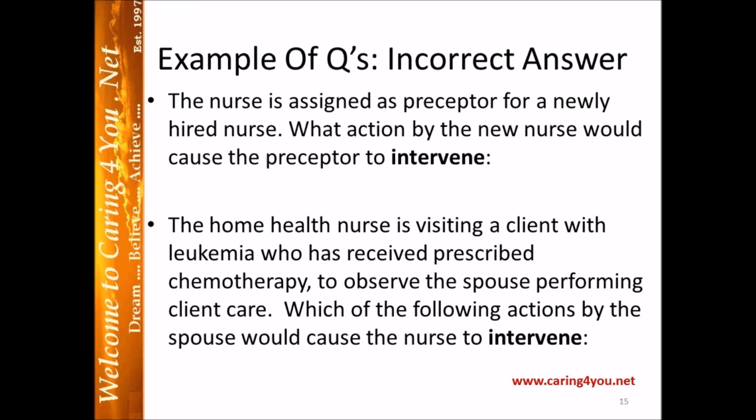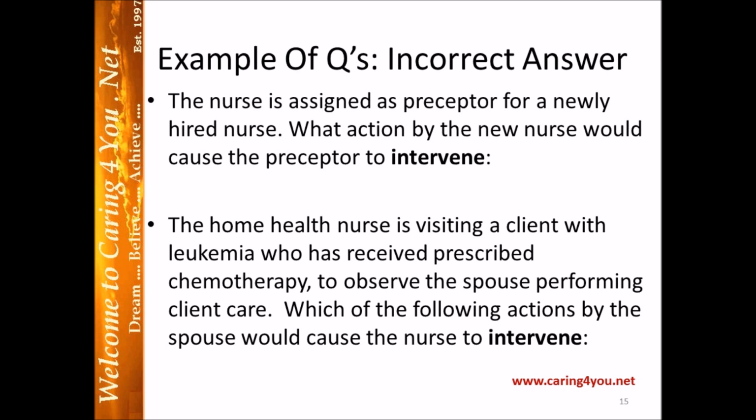So we know we're looking for an incorrect answer when we see the word intervene. Look at this example. The nurse is assigned as preceptor for a newly hired nurse. Again, remember what I said about that newly hired nurse. That newly hired nurse can do everything that a seasoned employee can do.